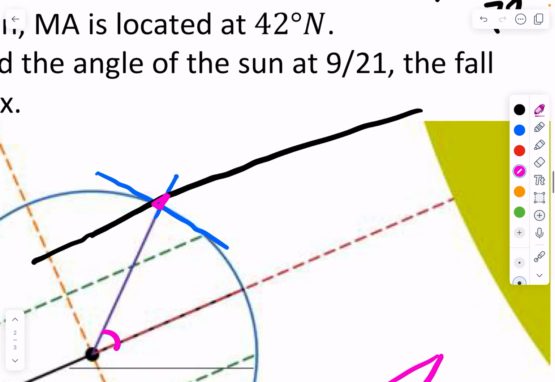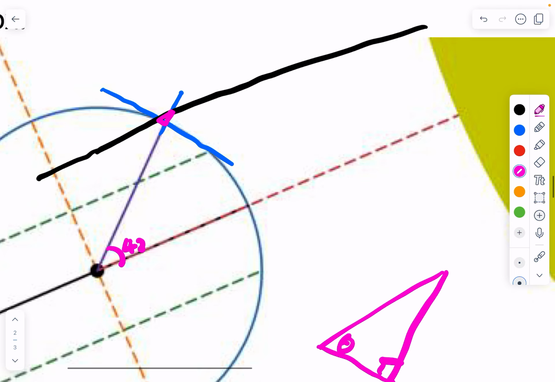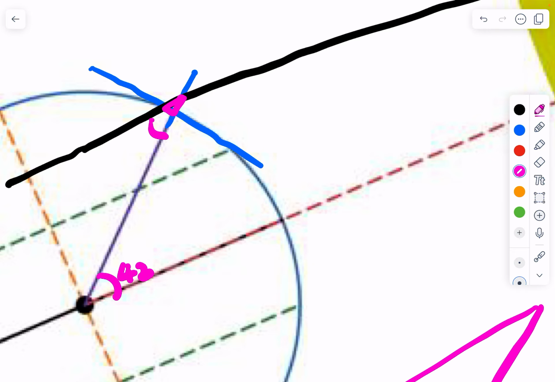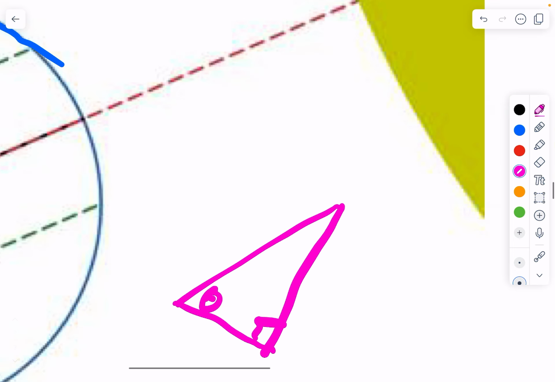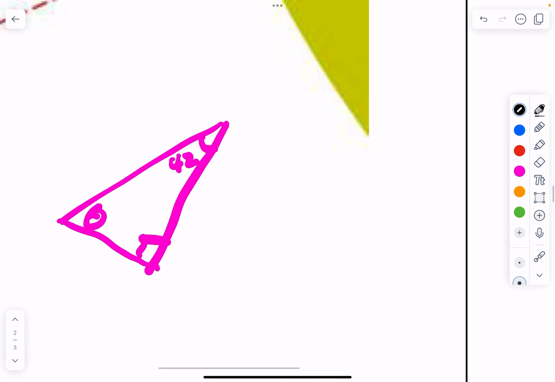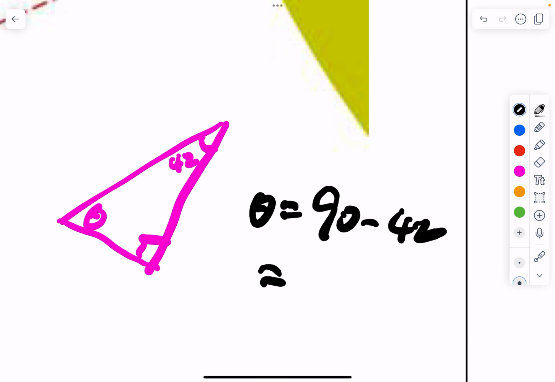And we know that this arc is 42 degrees, so this angle is also 42 degrees. This also means we know this angle, and we also know this is the same. So this is also 42. So now we solve for theta. Theta equals 90 minus 42, which is 48.